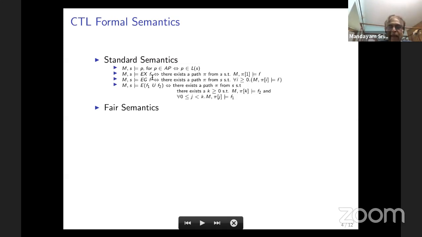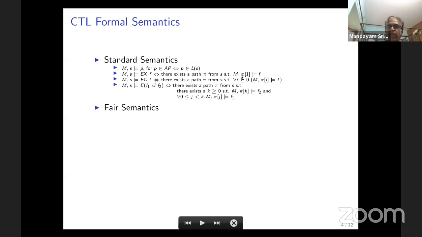EX of some CTL formula F is true in a state if there is a path pi from that state such that in the next state, F is true. The formula F has to be true in the next state, not the first one, but the next one.